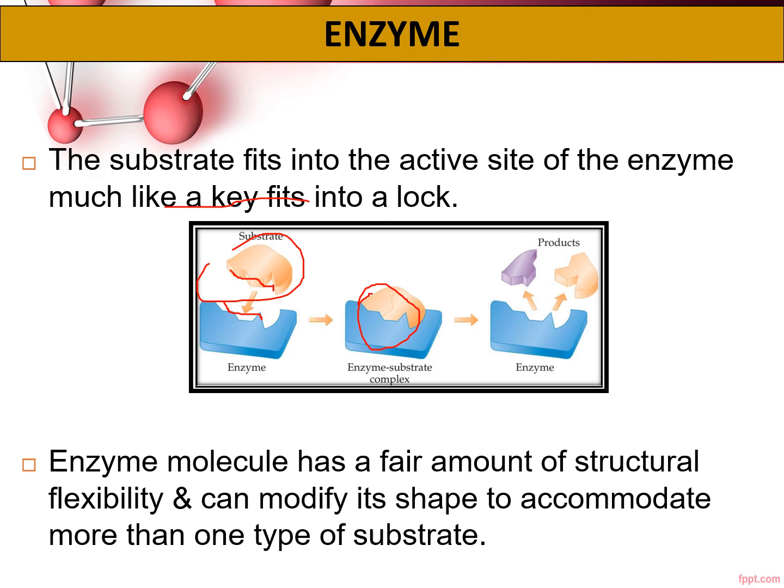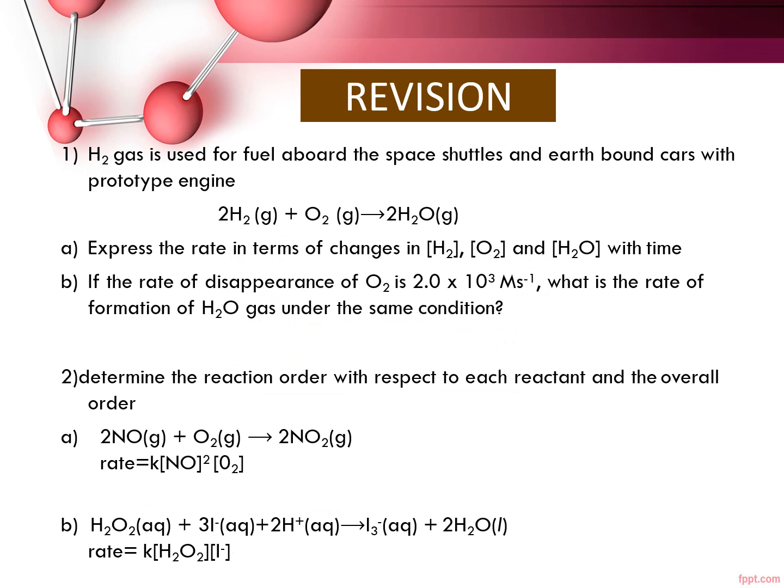So that is the function of the enzyme substrate complex, where in the end, enzyme itself can produce the products and also other different products here. It can modify its shape to accommodate more than one type of product. In the end, that's the function of enzyme.